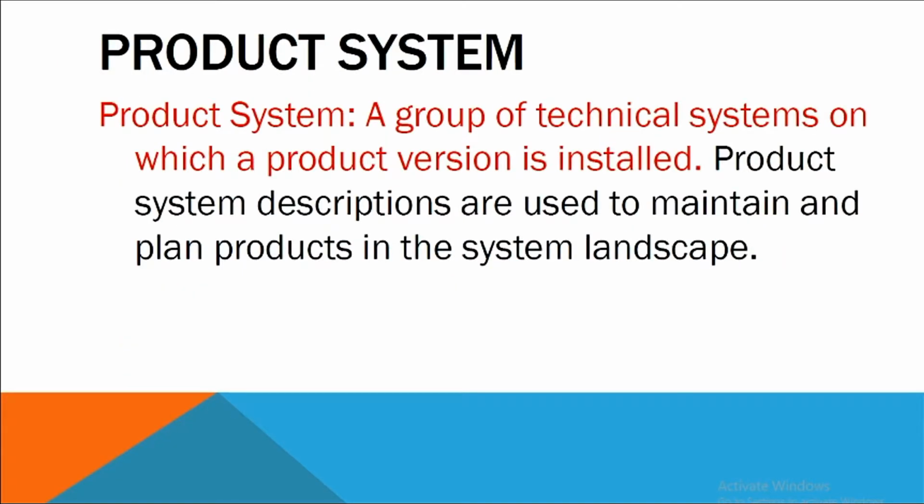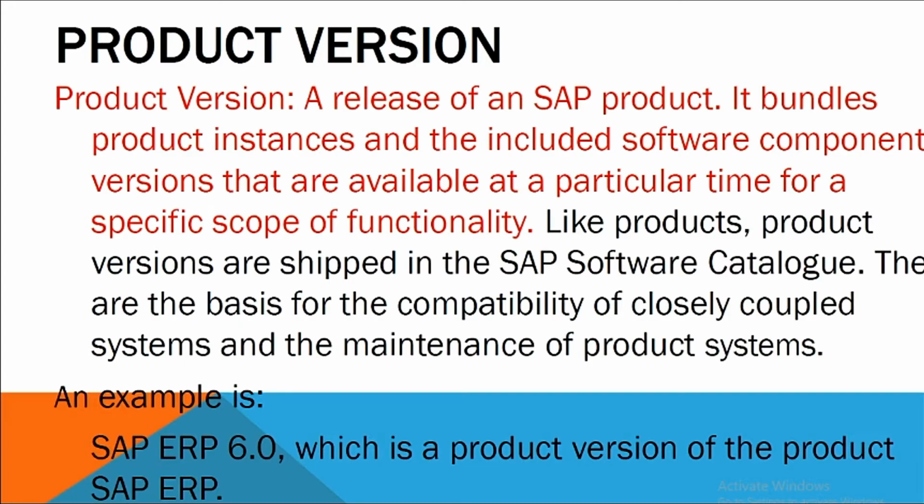Product System. A product system is a group of technical systems on which a product version is installed. Product system descriptions are used to maintain and plan products in the system landscape. Product version. A product version is a release of an SAP product. It bundles product instances and the included software component versions that are available at a particular time for a specific scope of functionality.